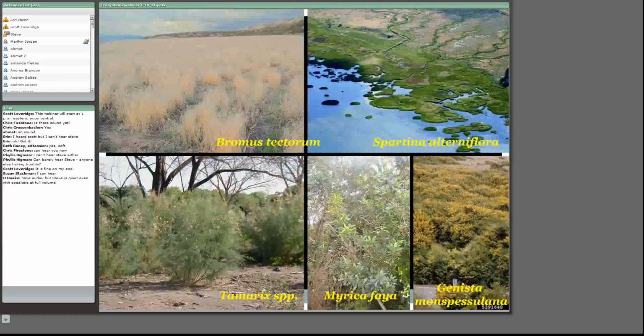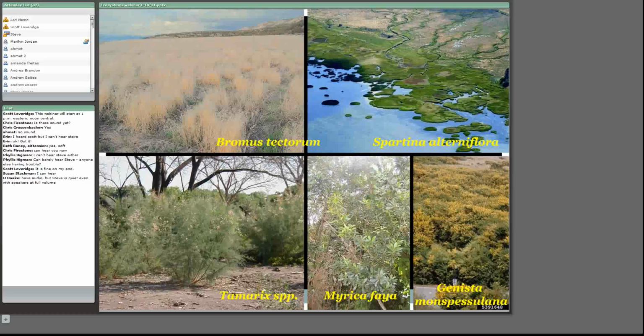So as these plants invade and infest these areas, they're making contributions to ecosystem services. And they're present in nearly every region and most habitats.